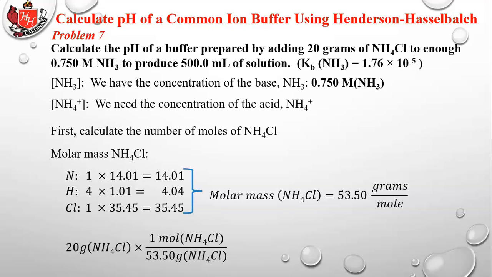So we're going to put the 53.5 grams ammonium chloride on the bottom and the 1 mole ammonium chloride on the top. Again, you just create those equivalents. The grams of ammonium chloride cancel out and you end up with moles of ammonium chloride, which is 0.374 moles. Now remember, a concentration isn't moles, it's molar, it's moles per liter.